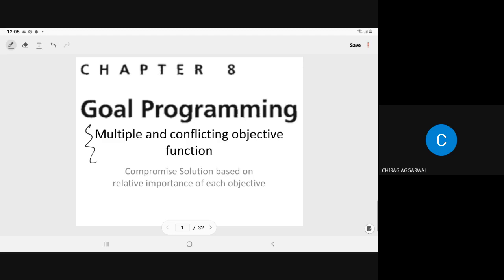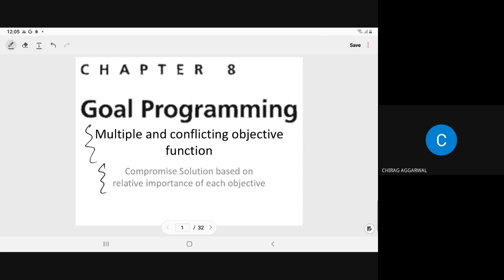If we are not able to determine the optimal solution for all the objective functions, we prefer to determine a compromise solution in such a way that we are least away from all the objective functions. Clear this part? So here we compute the compromise solution based on the relative importance of each objective function.